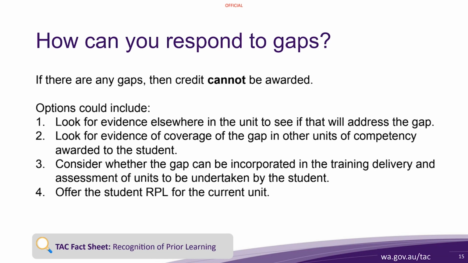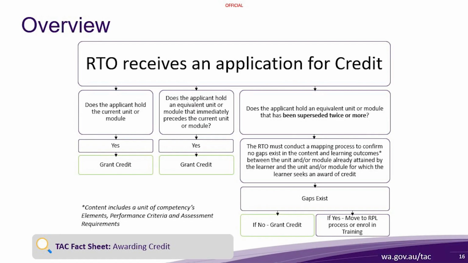So we can see then that credit can be awarded through a number of processes, either automatically if the student has the current unit of competency, and that is in this chart, which comes from the TAC fact sheet on awarding credit.